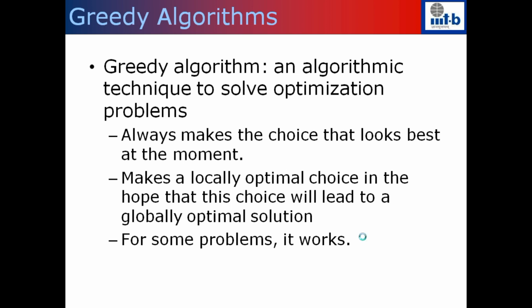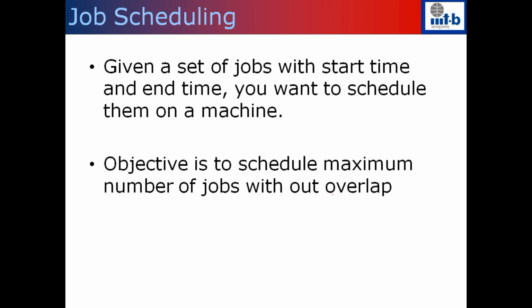Let's start with a simpler, specific example. We are given a set of jobs, each with a start time and end time, and you are given a machine on which they have to be scheduled. We have to find a schedule with the objective that it will maximize the number of jobs that can be scheduled on this machine without an overlap.